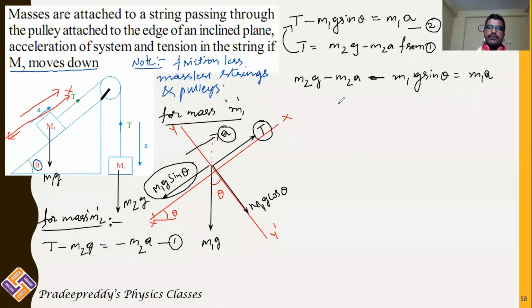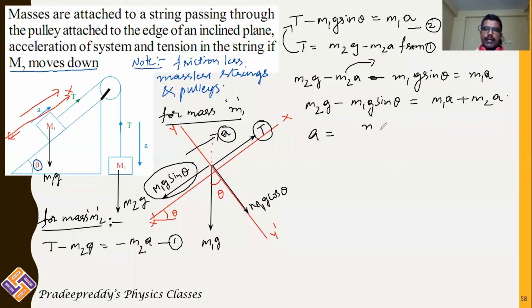Bring a terms to one side, g terms to the other side. This gives you m2g minus m1g sin theta is equal to m1a, and this m2a I am bringing to the other side, plus m2 into a. So this gives you acceleration a is equal to (m2 minus m1 sin theta) divided by (m1 plus m2), into acceleration due to gravity.